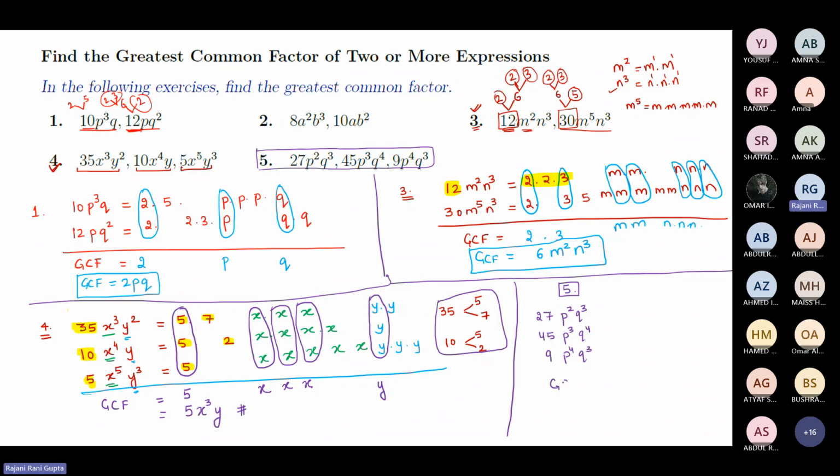I need the greatest common factor. So I want all of you to solve it on pen and paper, and then take a photo and post it in the chat.